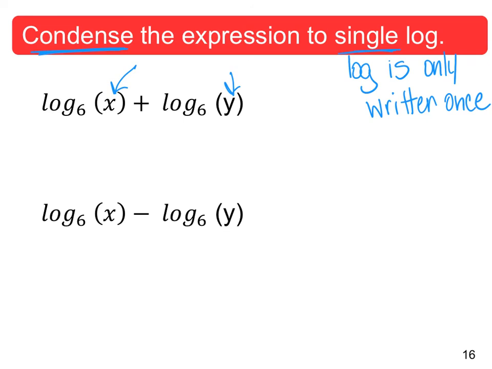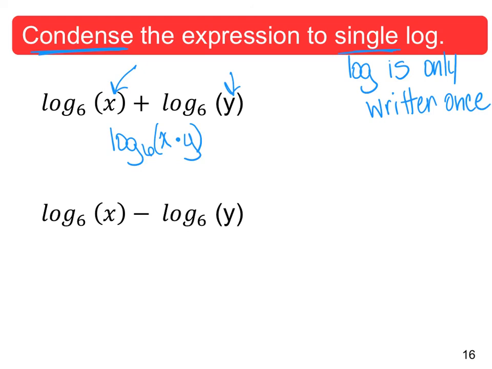So to rewrite this, I am going to have log base 6 of x times y. And it's reasonable to go ahead and put parentheses around that. Log base 6 of x times y. So I only have log base 6 written once.